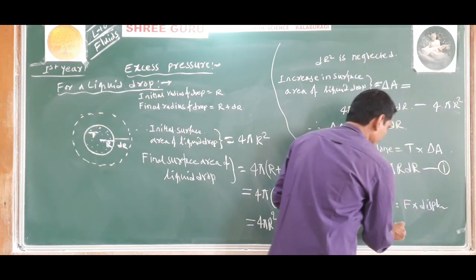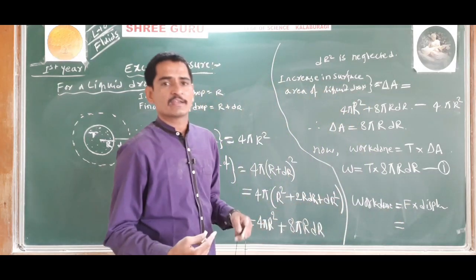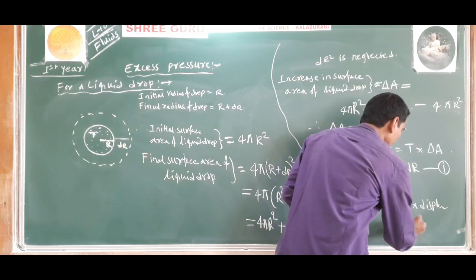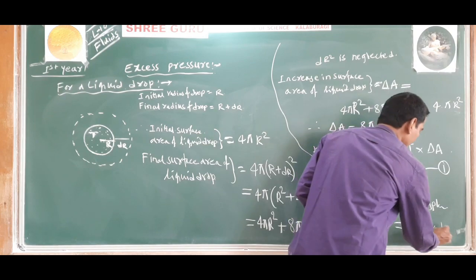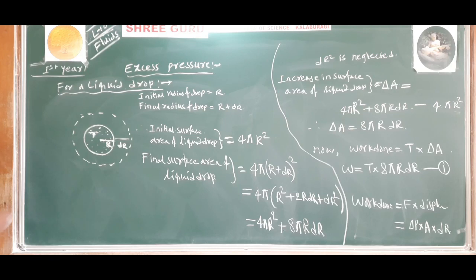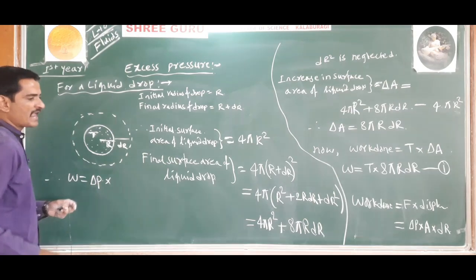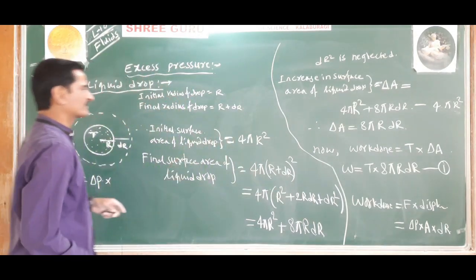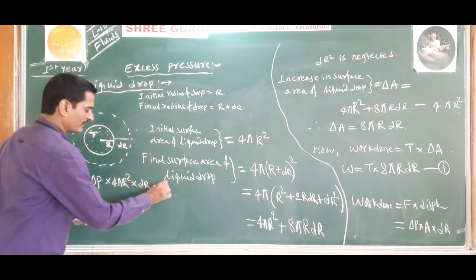Force is pressure into area, that is excess of pressure into area, and displacement is dr. So W is equal to delta P, the excess of pressure, into A, the initial surface area 4 pi r square, into dr. Call this equation number 2.